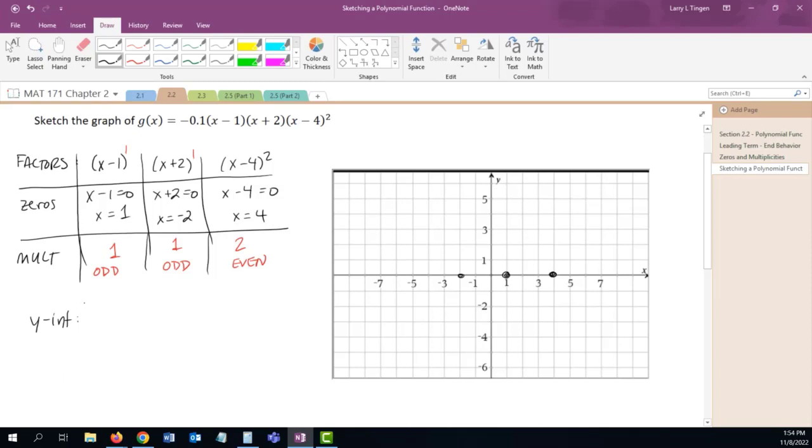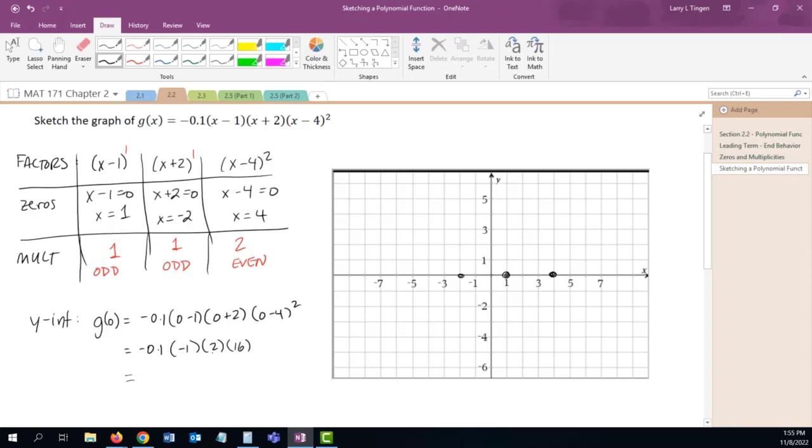Okay. Well, I just plug in 0 for x and see what happens. That's -0.1 times 0 minus 1 times 0 plus 2 times 0 minus 4 squared. -0.1 times -1 times 2 times 16. -4 squared is +16. What happens when I multiply this? Negative 1/10 times negative 1 is positive 1/10.